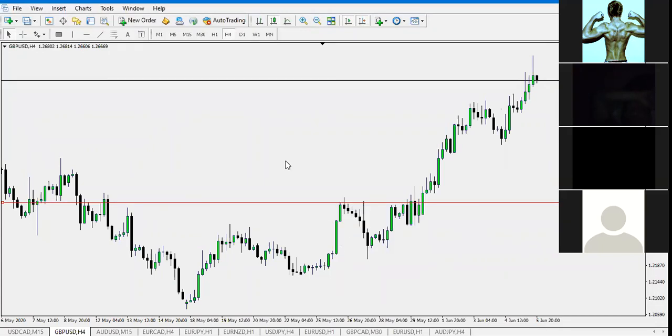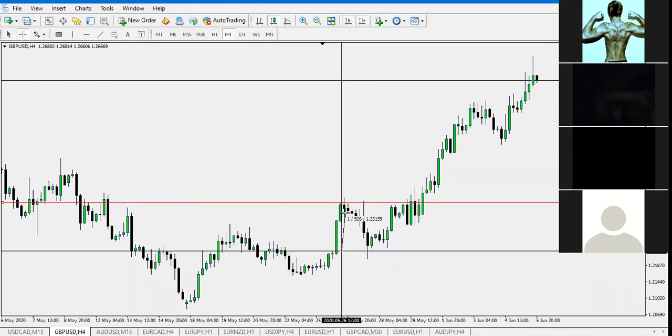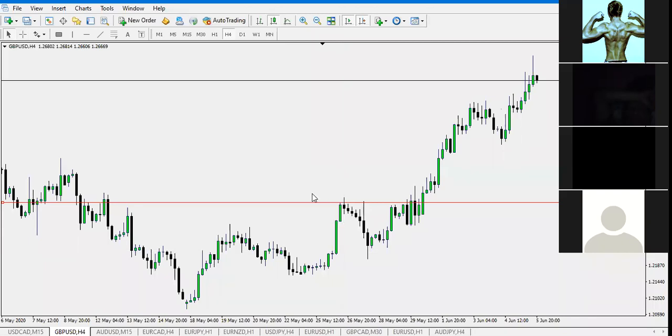So this is a large liquidity void of about 100 pips or so that has been created here, okay? So when a liquidity void is created, GU tends to like to close 50%, okay? So this is a 4-hour time frame.